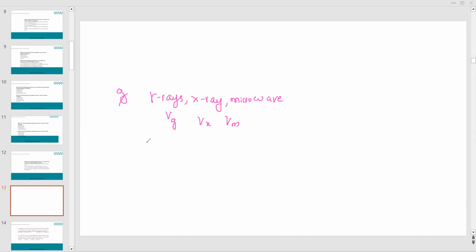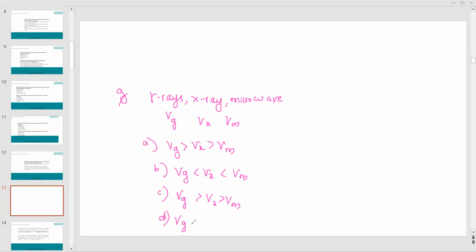They are asking for the correct order. Option A, VG is greater than VX is greater than VM. Option B, VG is less than VX is less than VM. Option C, VG is greater than VX is greater than VM. And option D, VG is equal to VX is equal to VM.